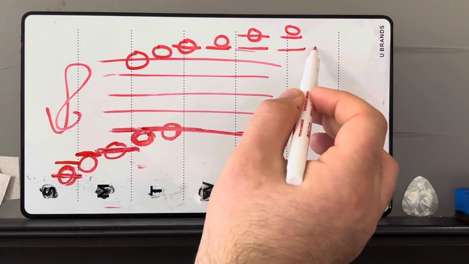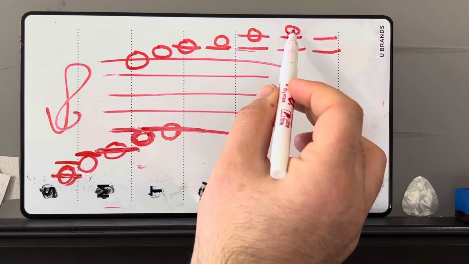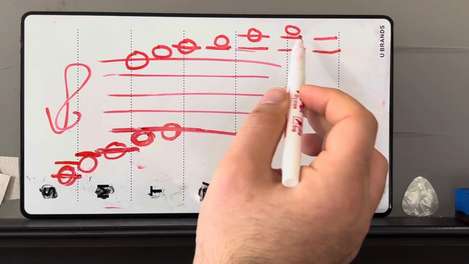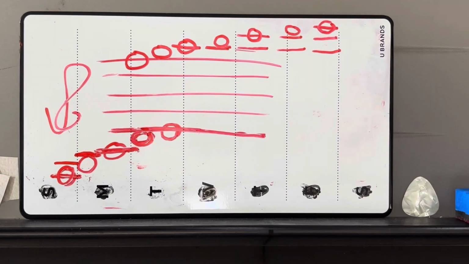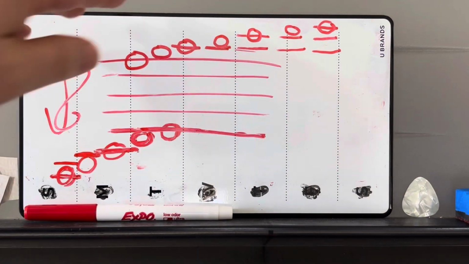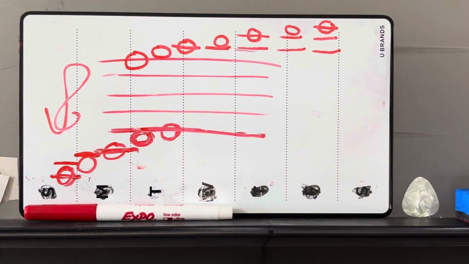Now let's add E. So keep the lines. And since the previous note had no line in the middle, we need to add another line. So that is ledger lines. Basically, just use them to write notes above and below the staff.